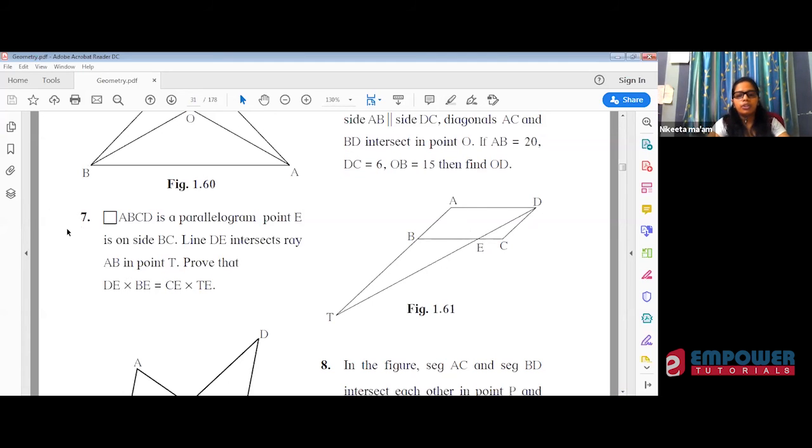Okay, so here what they have done. You need to prove this. Do one thing: first of all, prove that this big triangle is similar to this triangle.